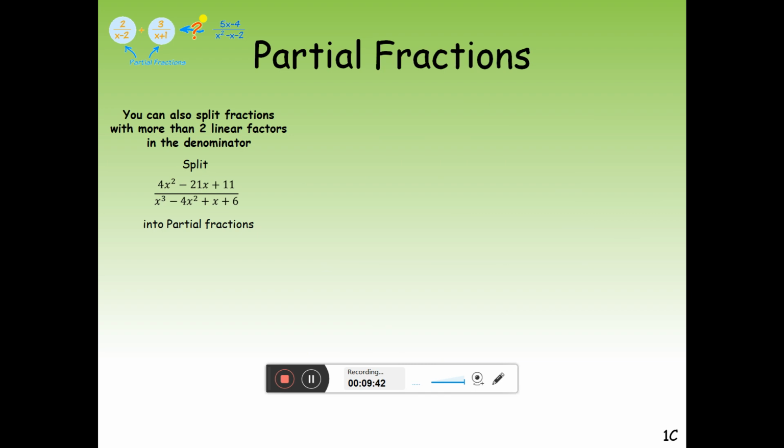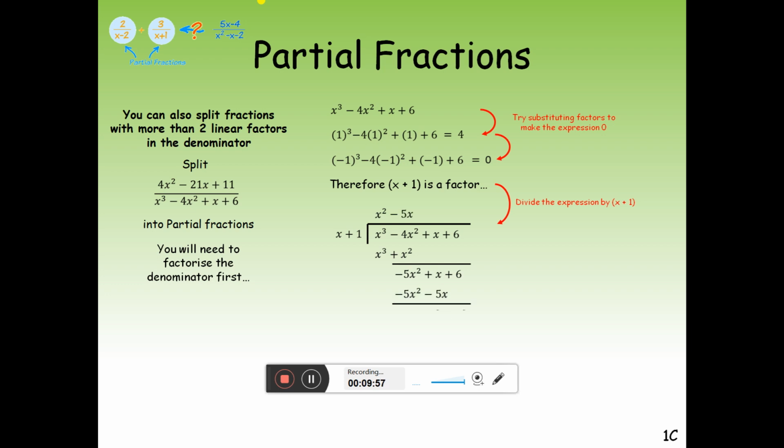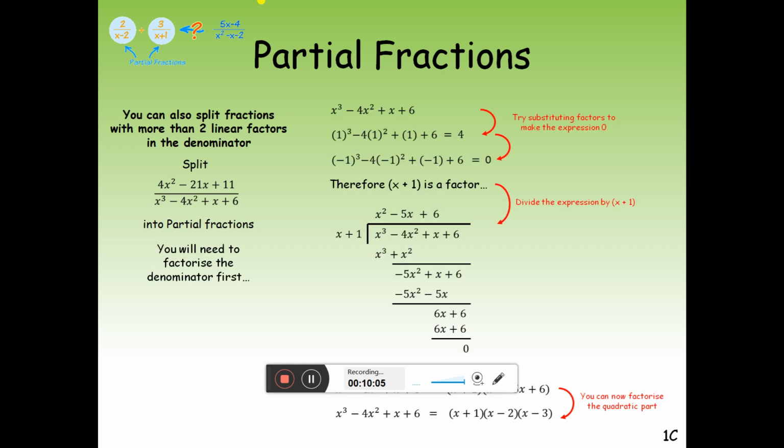Now, here the power of x is 3. First, what we have to do is make the factors of the denominator. So we factorize by the normal method and we get the factors like x plus 1, x minus 2, x minus 3.